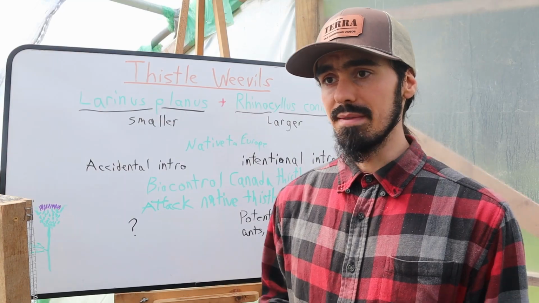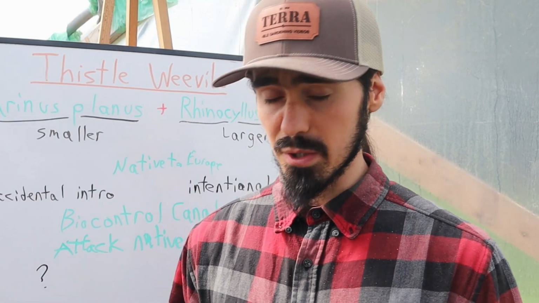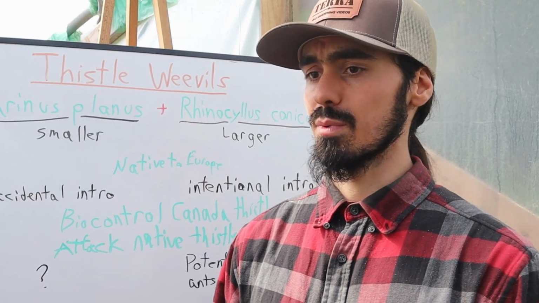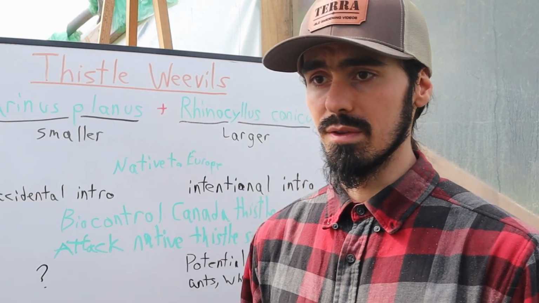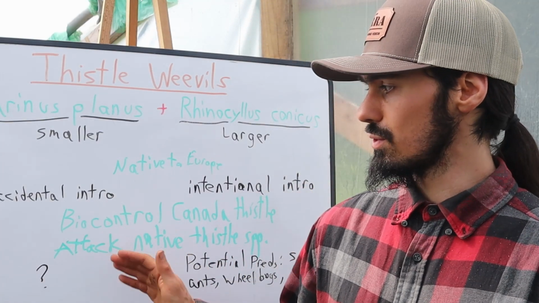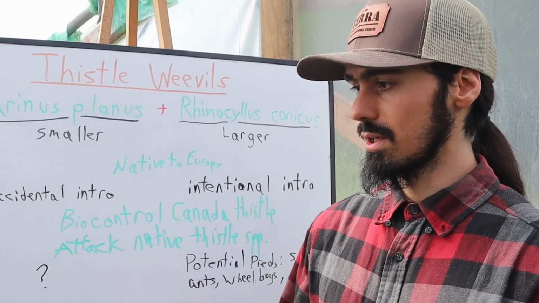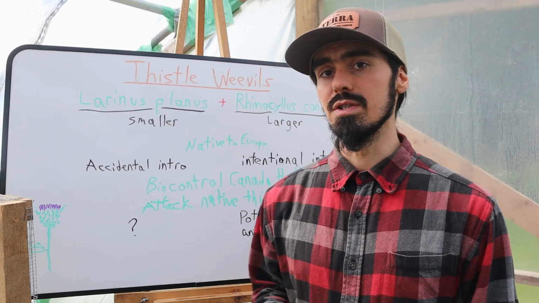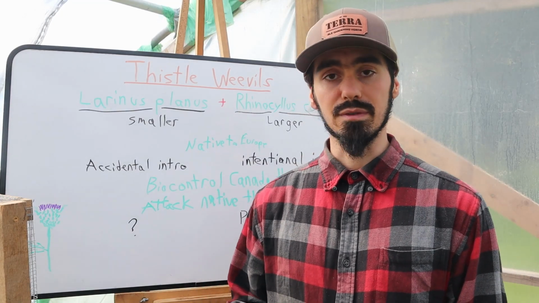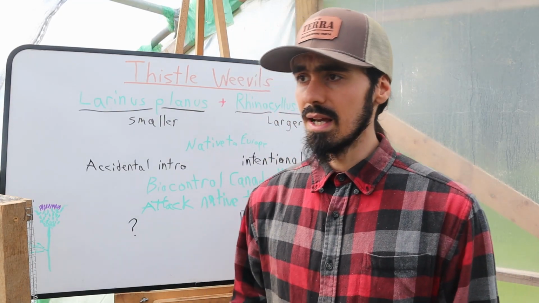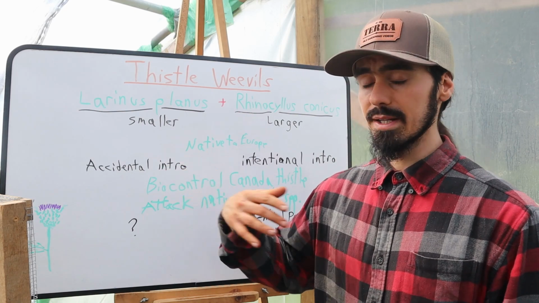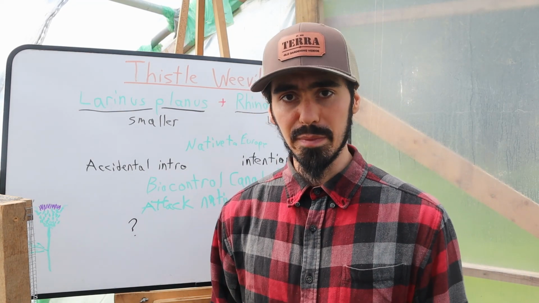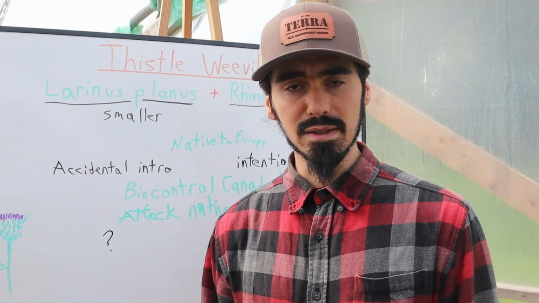And so the idea would be that people or farmers, especially larger scale farmers, wouldn't have to worry about spraying this Canada thistle with an herbicide, and that they could actually use natural predators or natural herbivores in the form of these two weevil species to go after this Canada thistle plant, right? And you think, oh well, we're not spraying herbicides, so this is probably better for the environment. It's going to be less negatively impactful.